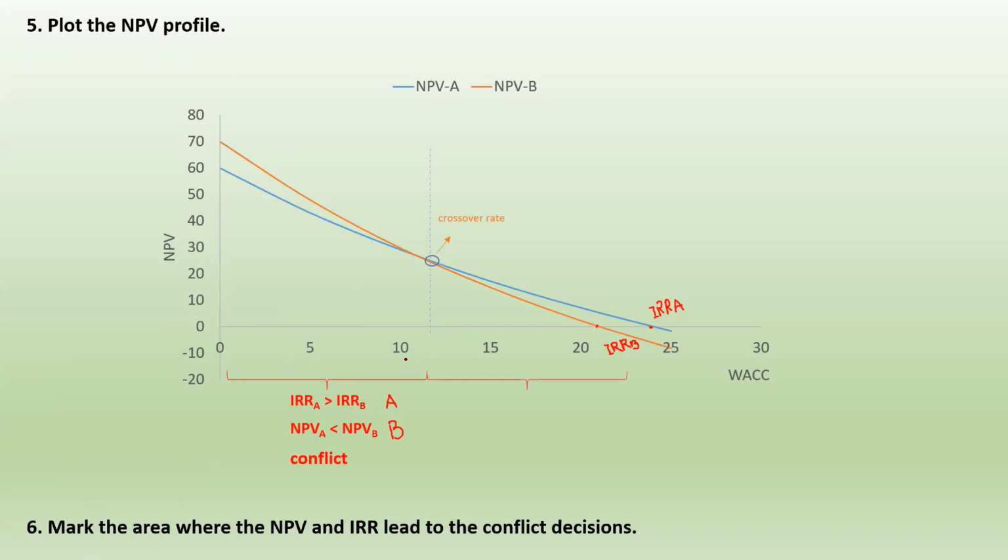When the weighted average cost of capital is greater than the crossover rate, those two rules will agree with each other.